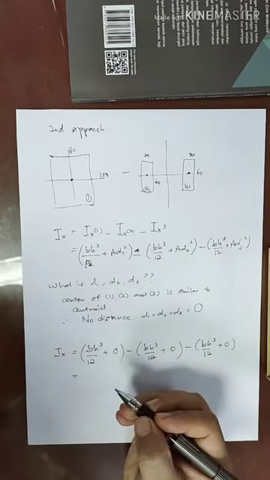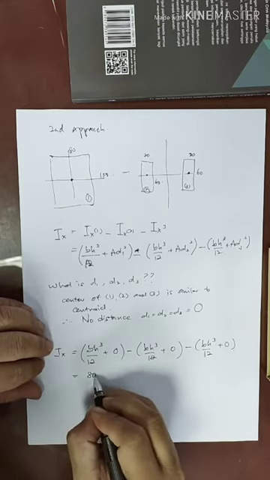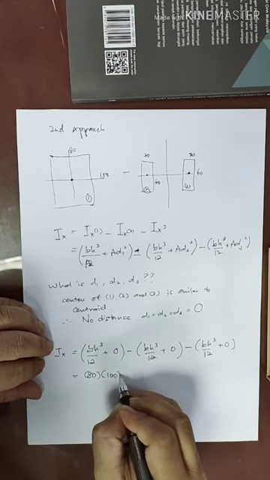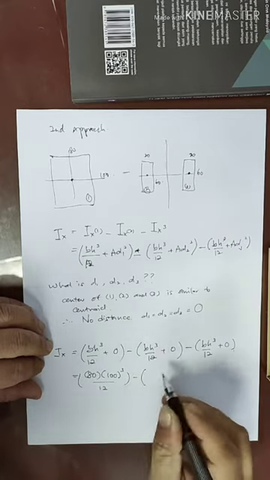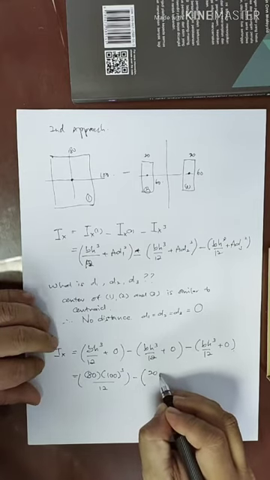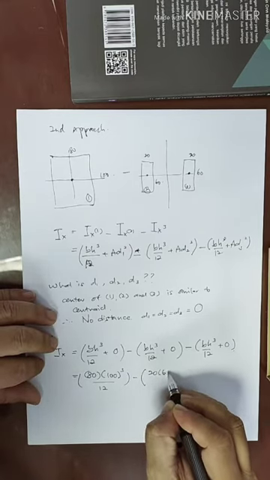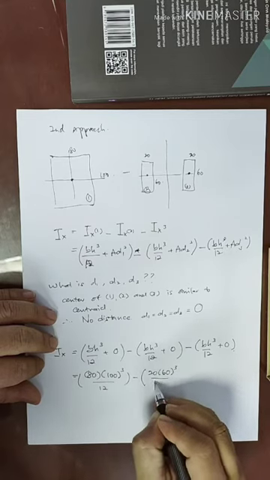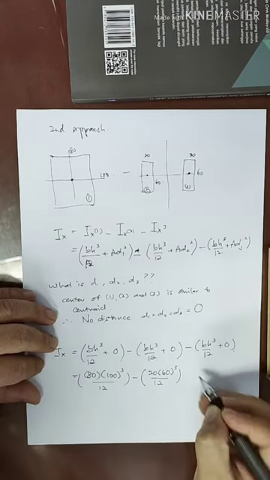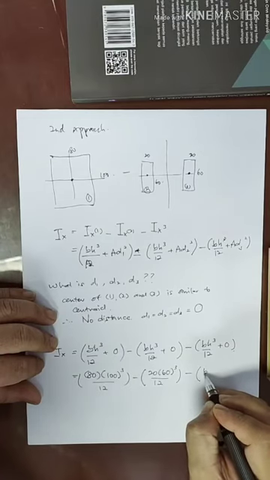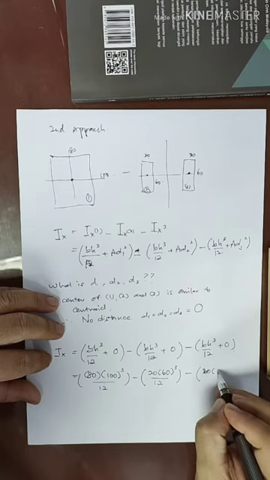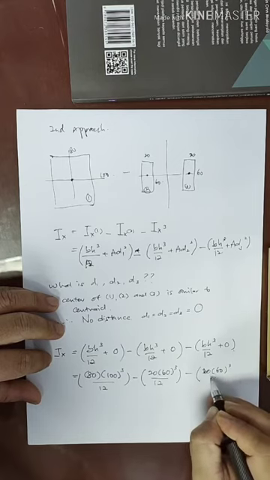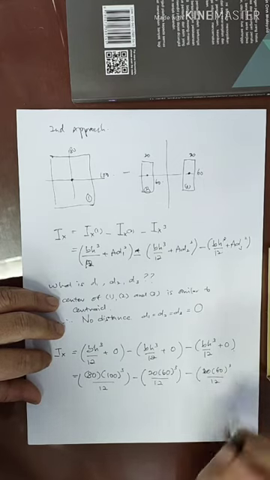And then it is all mathematical. 80 times 100 cubed divided by 12, minus 20 times 60 cubed divided by 12, minus 20 times 60 cubed divided by 12.